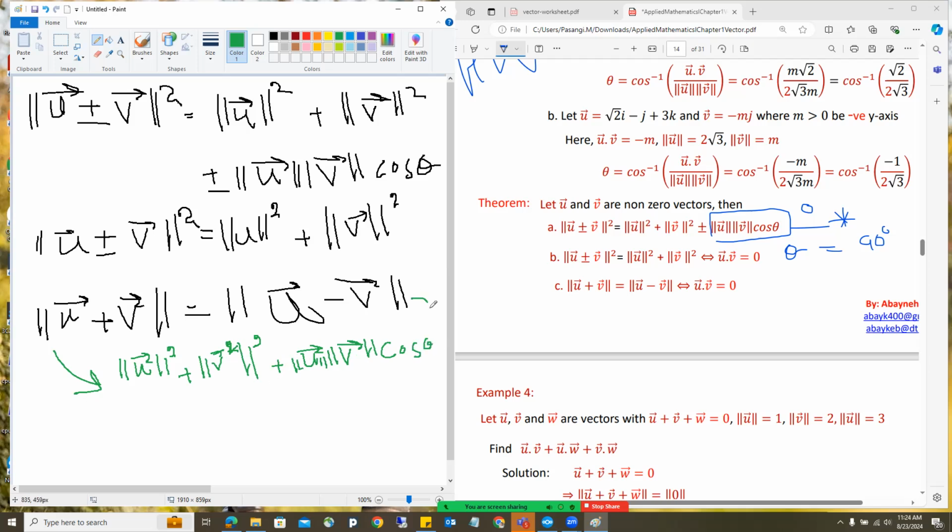For the negative one, how do we define that? Again u squared plus v squared. If it's negative, then this one should be negative, right? Now again, what will happen?